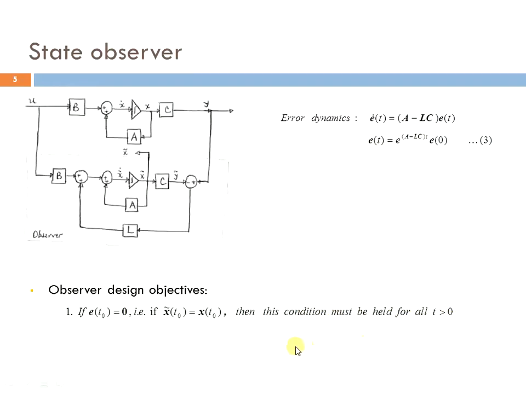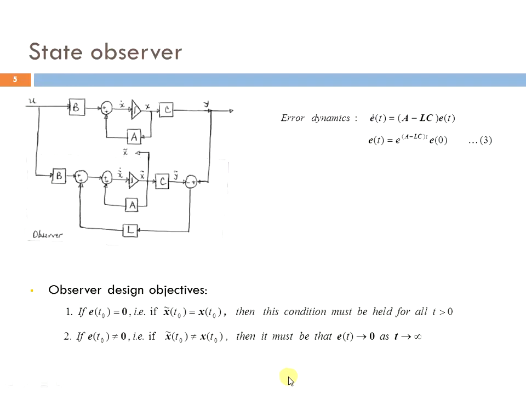Then, if the initial error is non-zero, which means that the observed state vector does not coincide with the actual state, then as time goes on we want these two to eventually be equal. So the error should be driven to 0 as time approaches infinity.